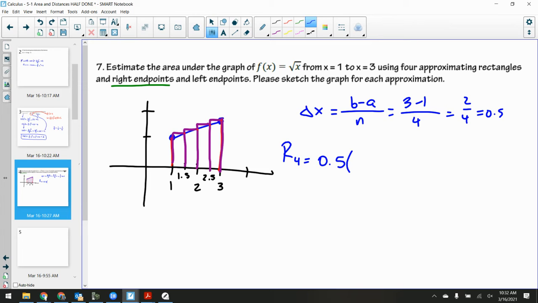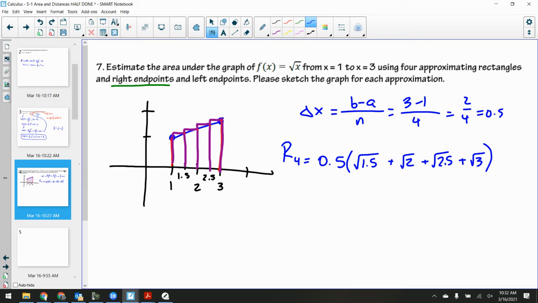No, because f of 1 is not the height of that rectangle. f of 1.5 is the height of that first rectangle. So it's the square root of 1.5 plus the square root of 2 plus the square root of 2.5 plus the square root of 3.